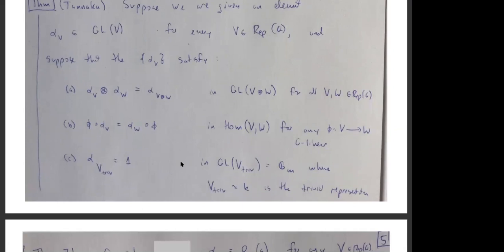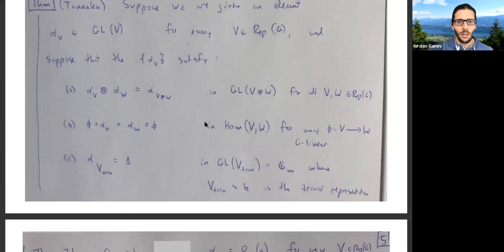I have a question about A. Is it always the case that if you take two automorphisms and take the tensor product of them, you will get an automorphism? Is it always the case, or is this part of the condition? Sorry, I didn't hear the question. Could you say it again?